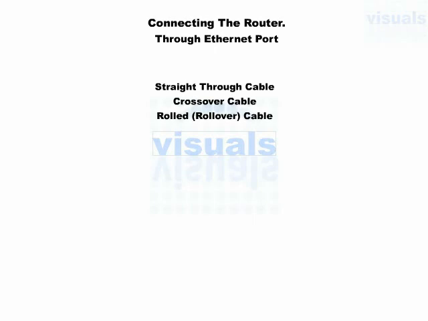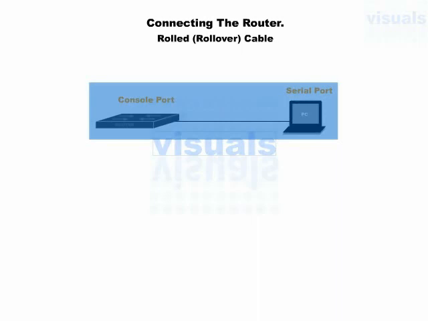Now the final category of cable for the Ethernet port is rolled, also known as rollover cable. Now let's get to a scenario. Okay, rollover cable is used for connecting the router's console port with the computer's serial port, and it is simple.